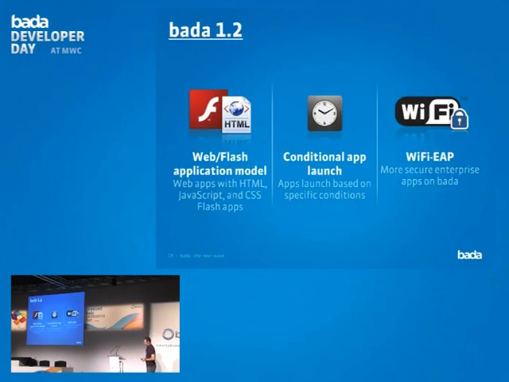Another interesting addition is what we call conditional app launch. So you can basically define various conditions, and based on these conditions, when they become true, your application is launched. So for instance, you can say, my application should be launched at 5 o'clock in the afternoon, and when it becomes 5, the application is launched. And the last thing is we provide a more secure communication over Wi-Fi by supporting the EAP protocol as well.